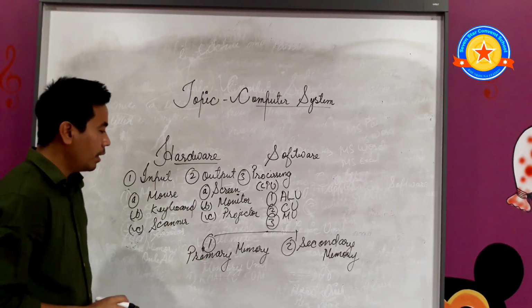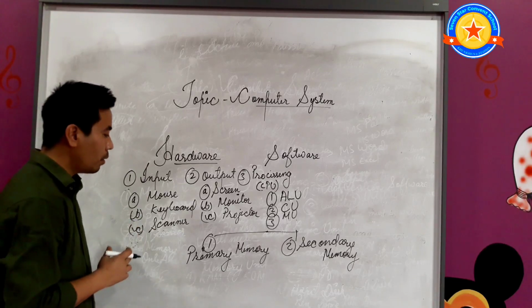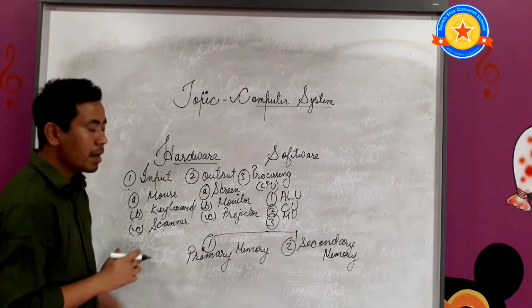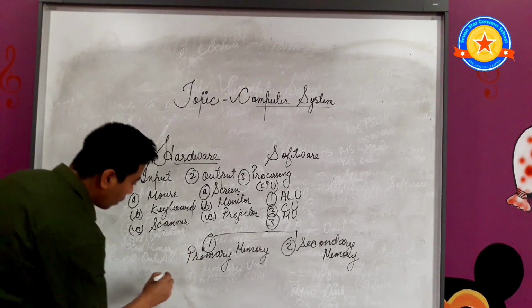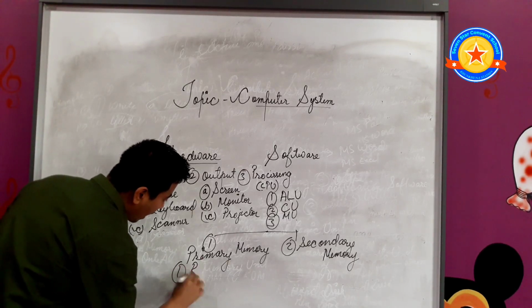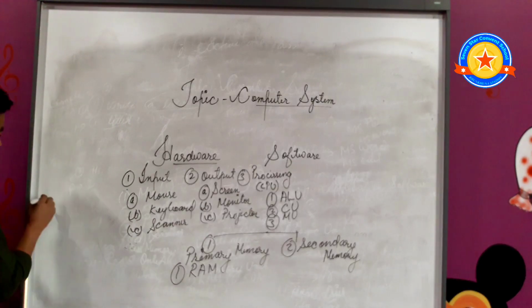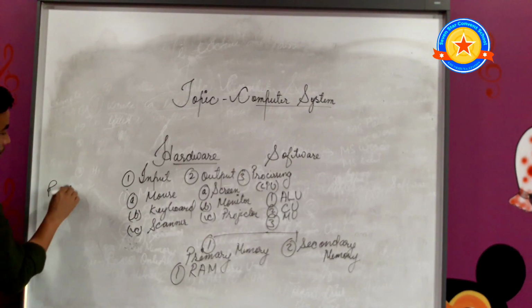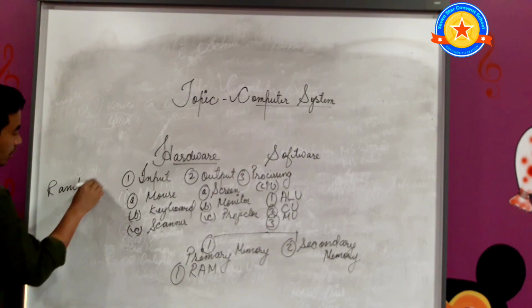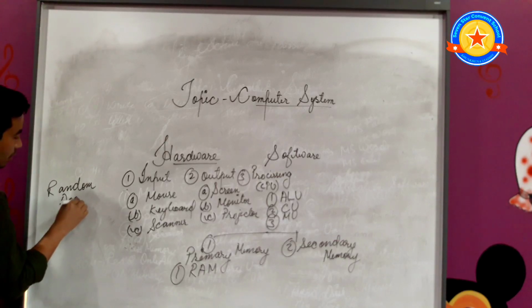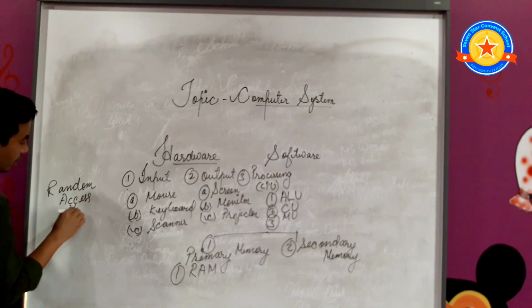Primary memory is the main memory of the computer. Primary memory has two types. Number one is RAM. RAM stands for random access memory.